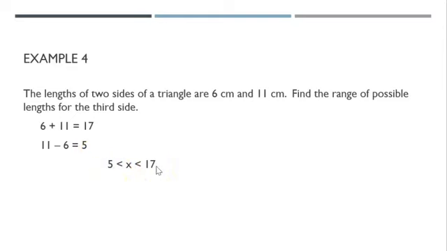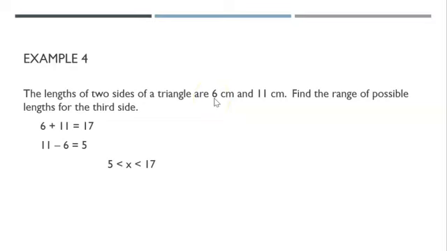And it comes from the fact that the two numbers that are given have to add to more than the extra side. So notice it's less than 17 because these add to 17. And the side plus the smallest side, the side that I don't know, plus the 6, has to add to less than 11.